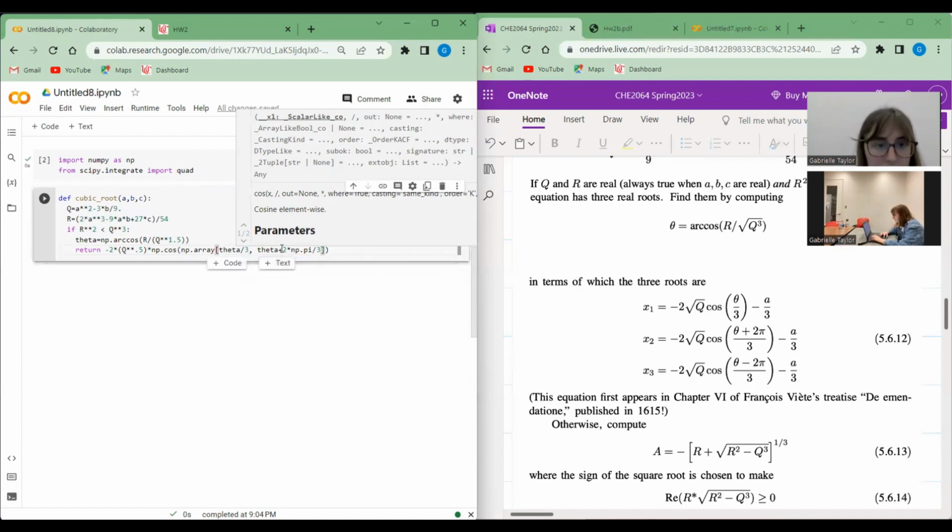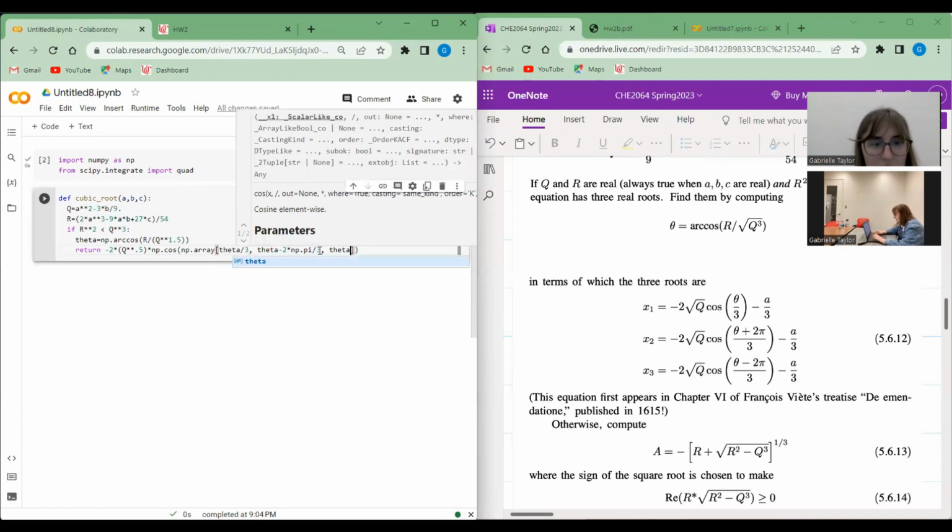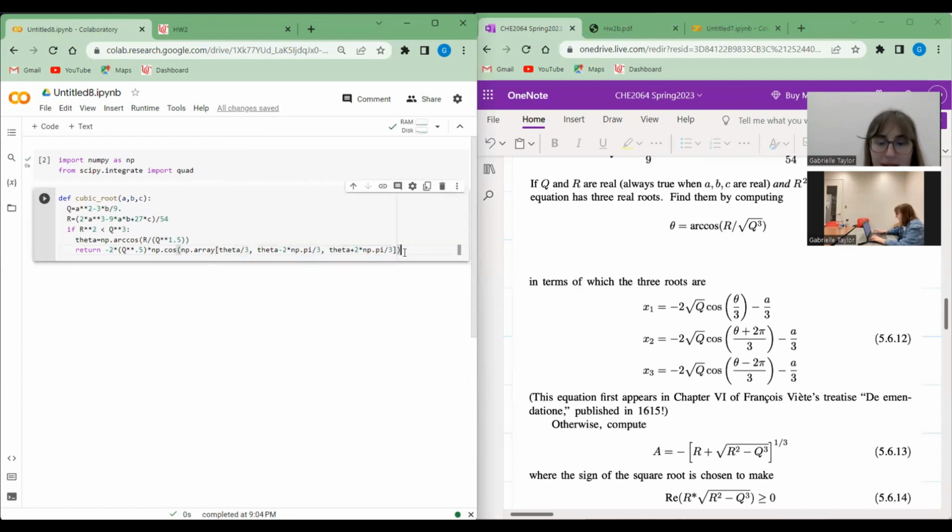Oh, this should be subtraction. And then our third one is theta plus 2 times np dot pi divided by 3. And then this is all subtracted by A divided by 3. Okay, so after it returns our 3 real roots, our equation says if it's real.